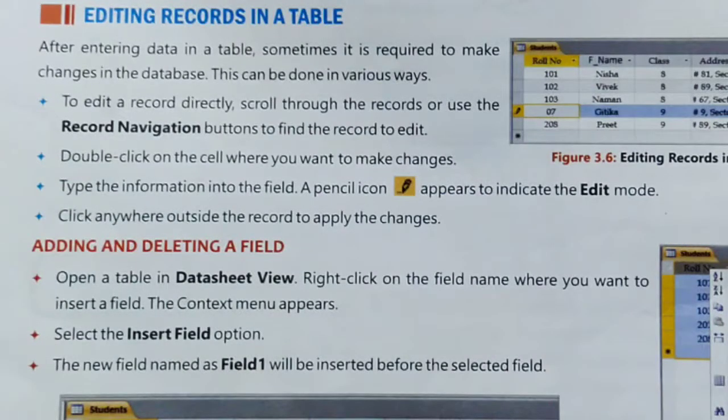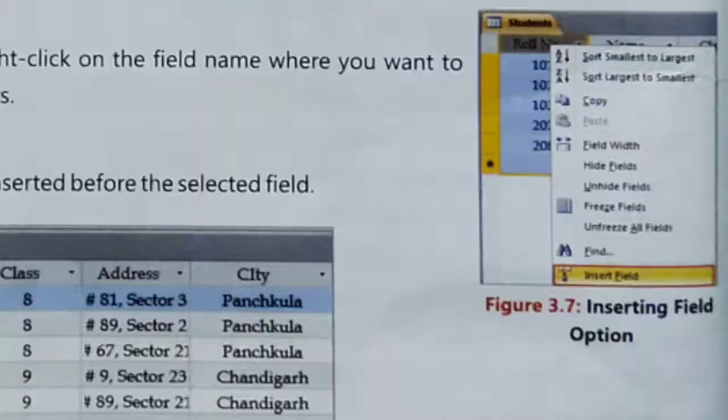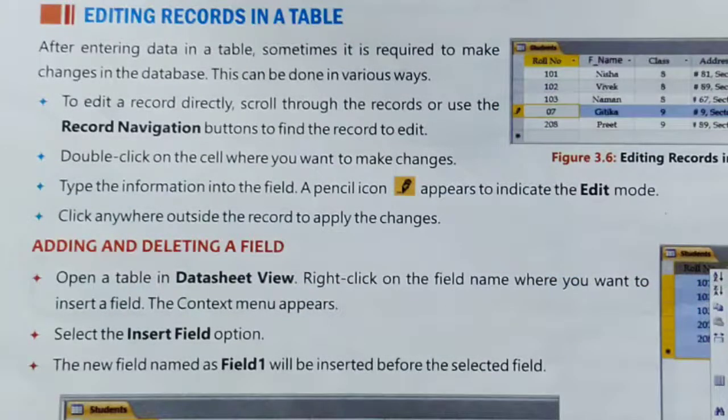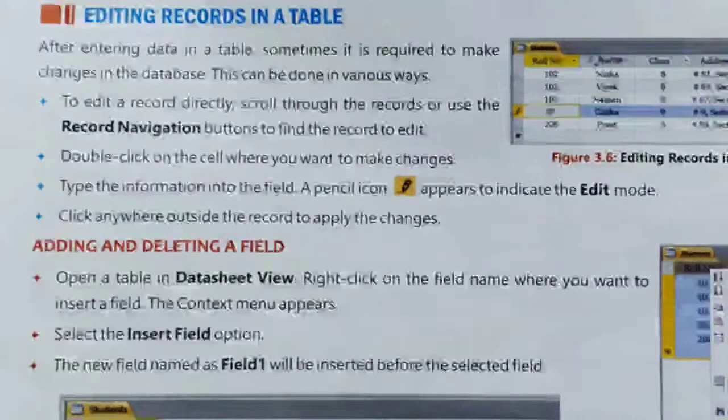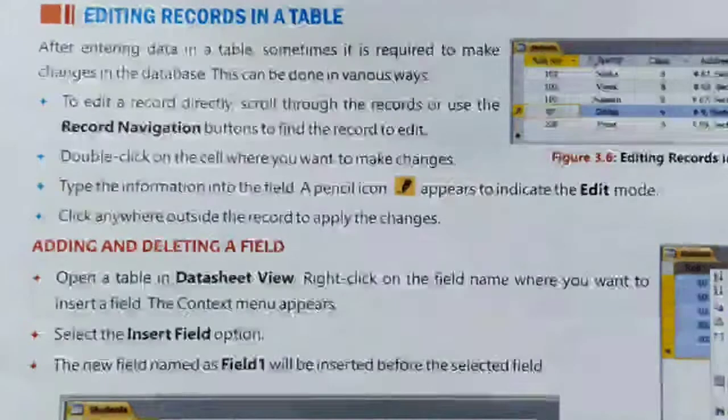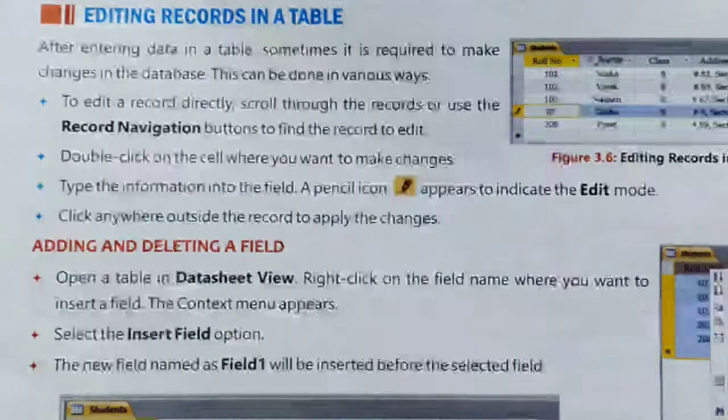Select the Insert Field option as you can see on your screen. After selecting it, a new field named Field1 will be inserted before the selected field. This is a very important point.